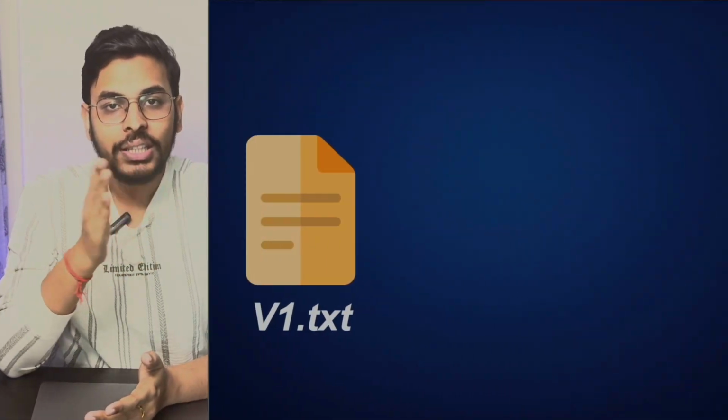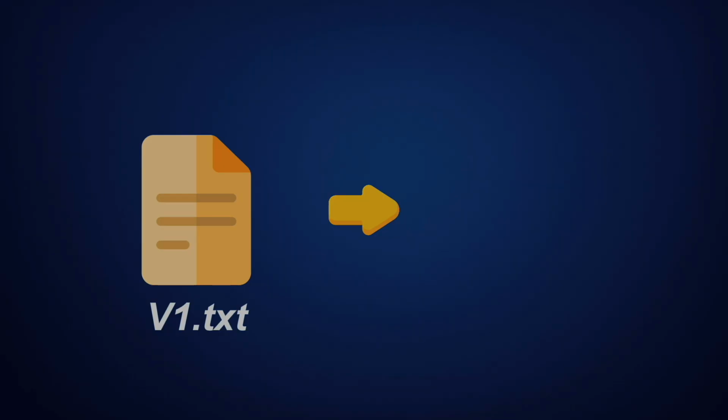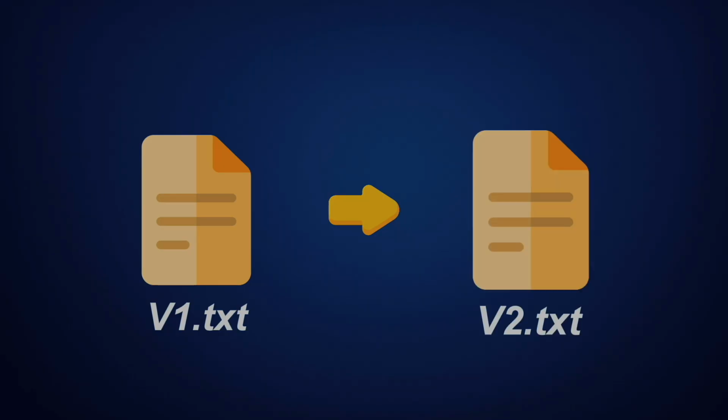Let's say we have v1.txt. In this file we have saved our content, and now we want to create another version. So we can copy this file, make the changes, and save it as v2.txt. Now let's say I want to create more versions.